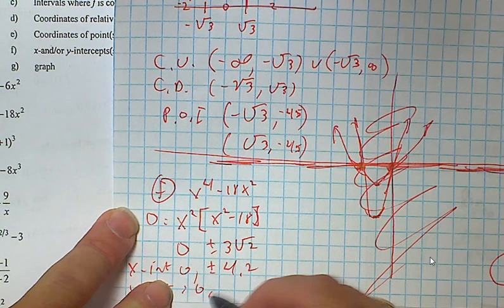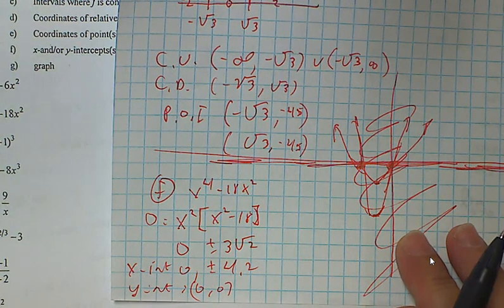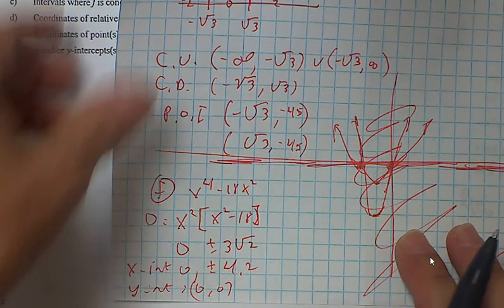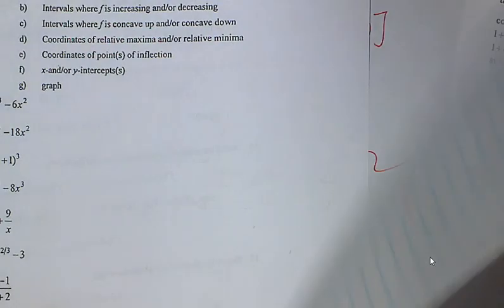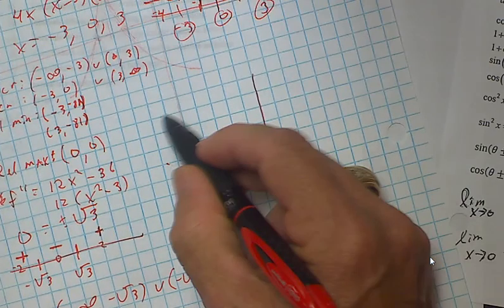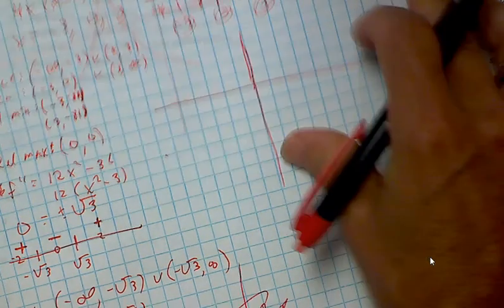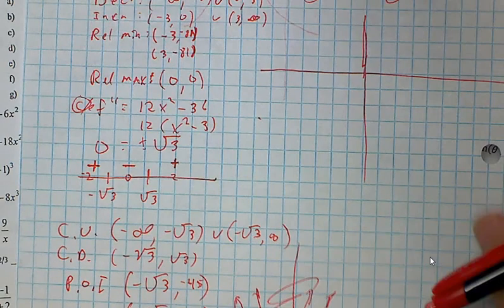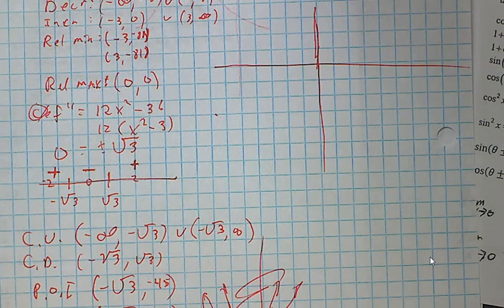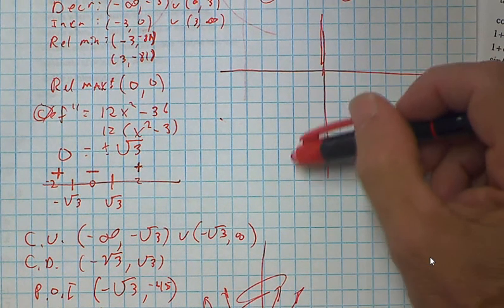Okay. The last part is to graph all that mess. Since our numbers are so big, every vertical tick mark is going to be 10.